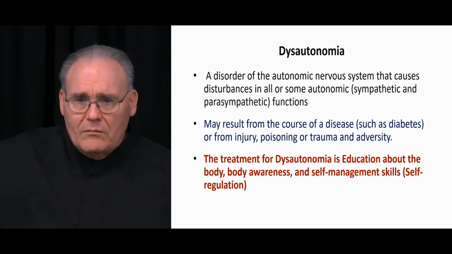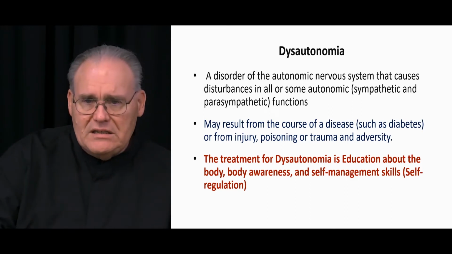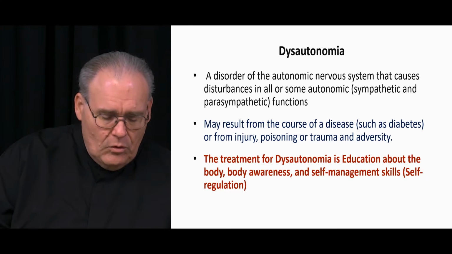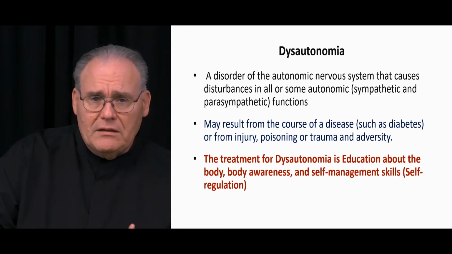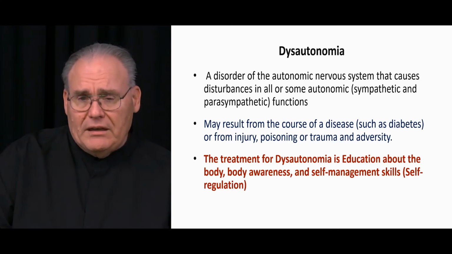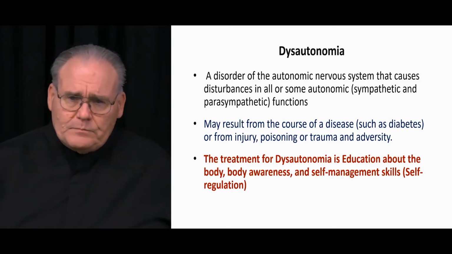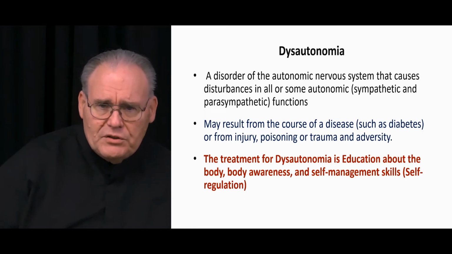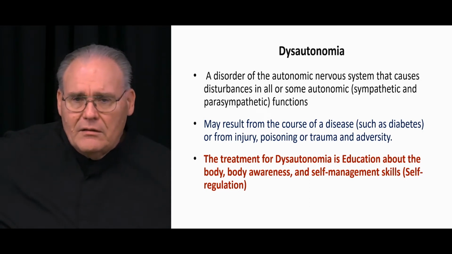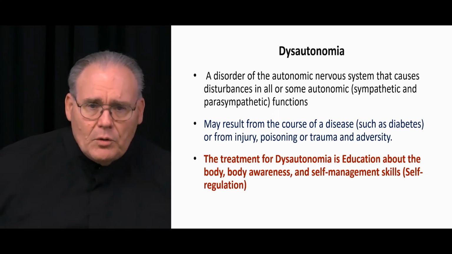And these can result from any number of things, certainly diseases such as diabetes or an injury, particularly a brain injury, poisoning, toxins in the environment, trauma, and adversity. All can create dysautonomia. I also should include kind of genetic, there can be problems with genetic expression that lead to dysautonomia.